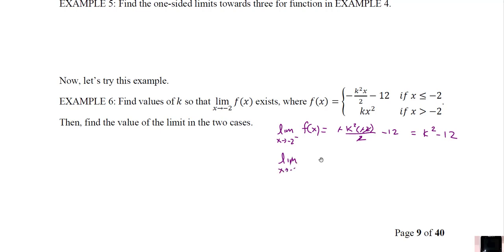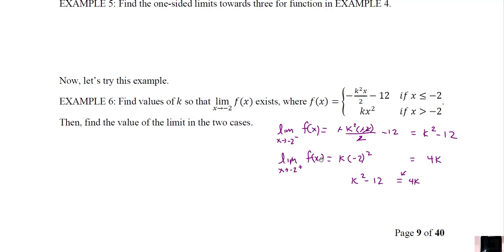How about from the right? If we come in from the right, we can see that we would be coming in along the bottom branch, which would be giving us k times negative 2 squared, which of course would be 4k. So now the limit from the left is k squared minus 12, the limit from the right is 4k, and if we want this limit to exist, we need these to be equal to each other.